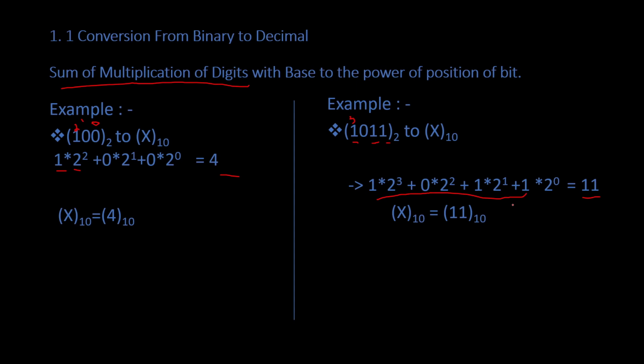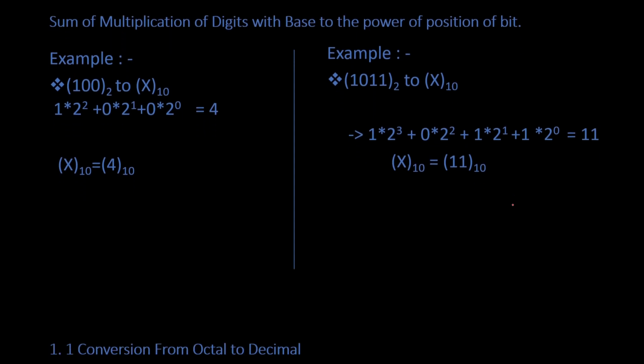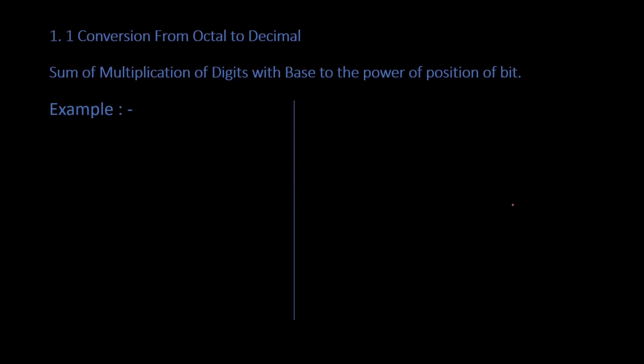And this method is also similar for converting octal to decimal or hexadecimal to decimal. First example for octal is 123, and we have position bits as 0, 1 and 2.